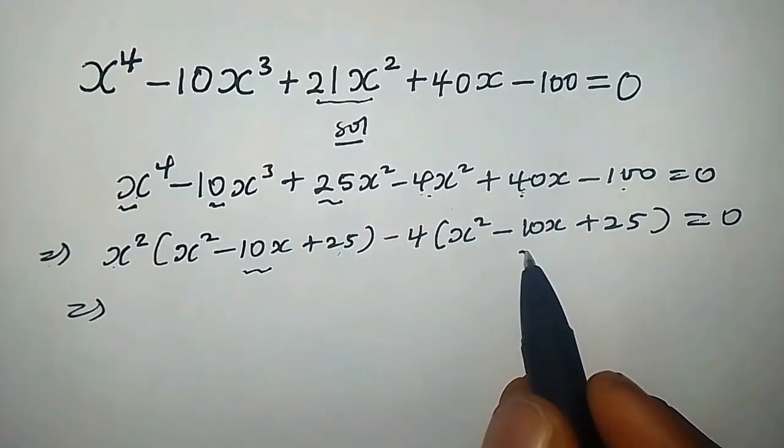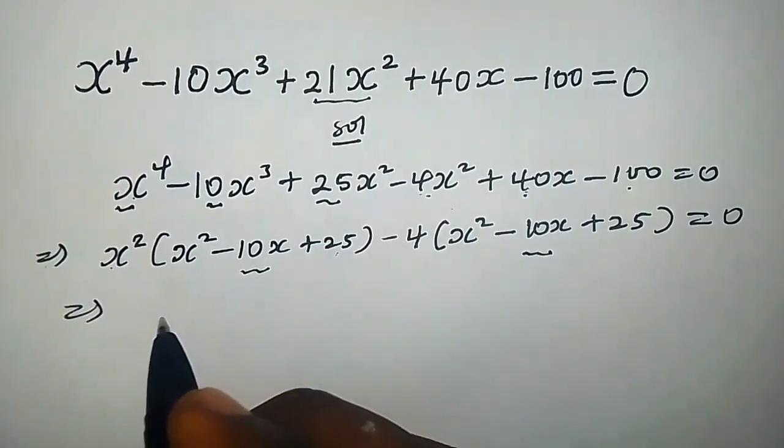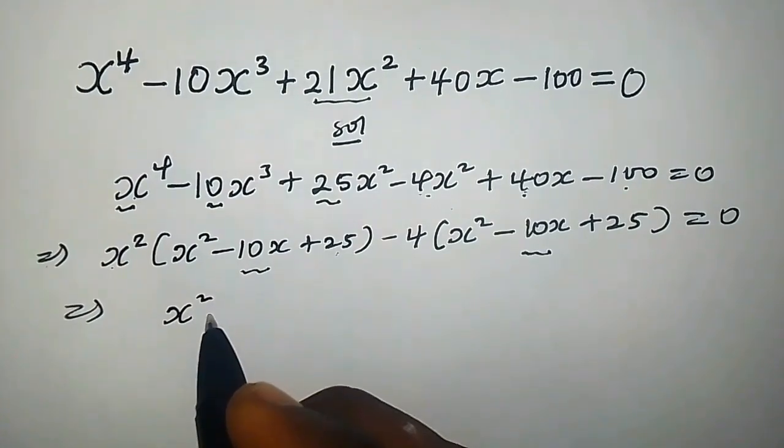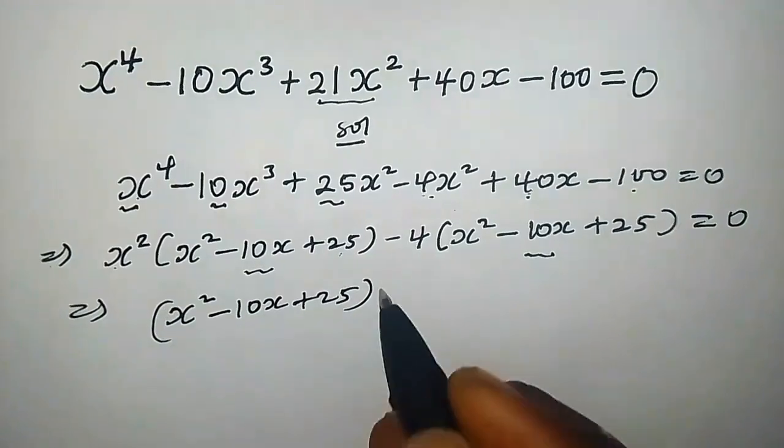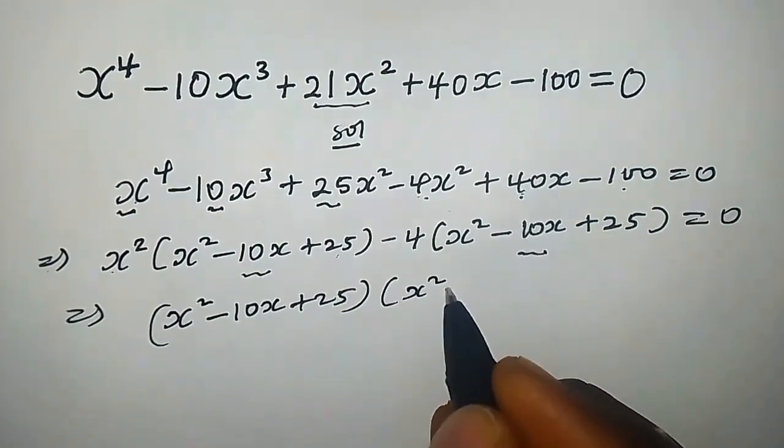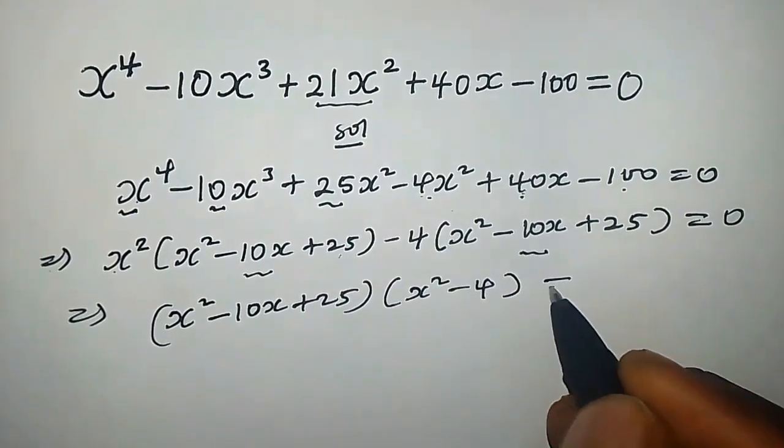These two are the same, so we have x squared minus 10x plus 25 times x squared minus 4 equals 0.